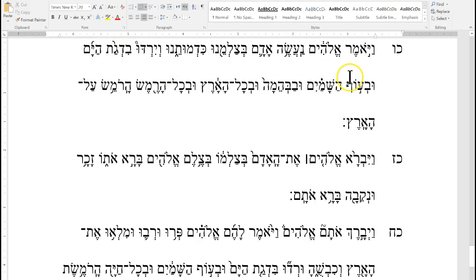Uv'of, and in the bird, hashamayim, of the heavens, uba behema, and over the behema, uv'chol haaretz, and over all the land, uv'chol haremes, and over all the creeping things, haromes, the creeping ones, al haaretz.